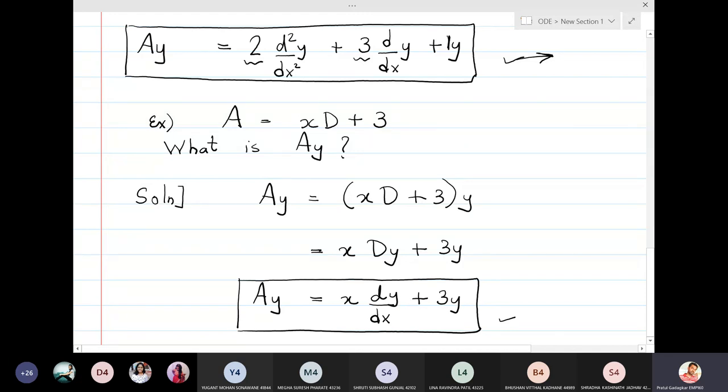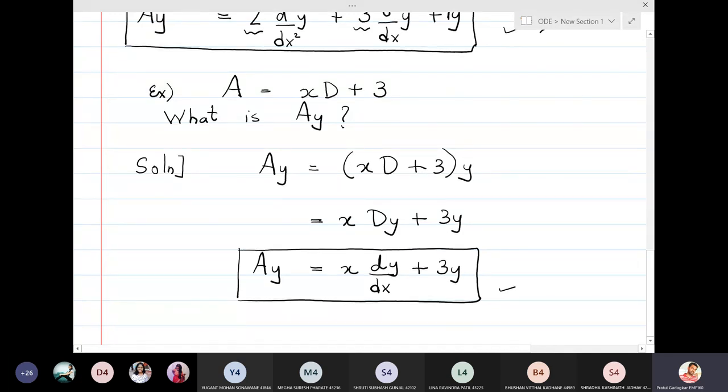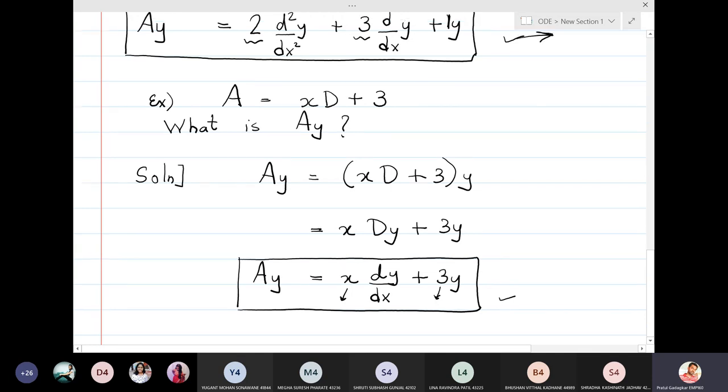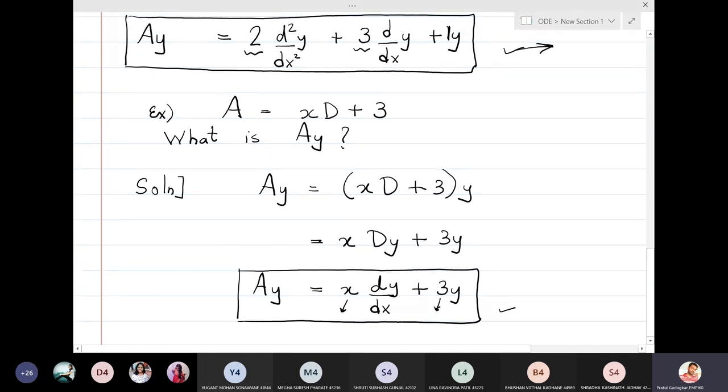But what about this Ay? The coefficients are not all constants. So one of them is constant, but the other is not a constant. So I'm going to call this A a differential operator as well.